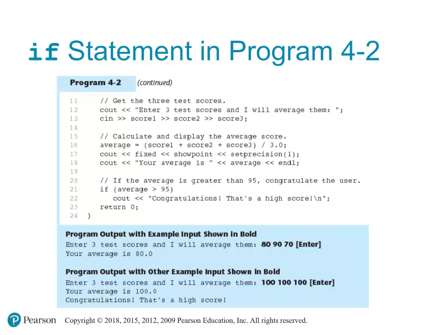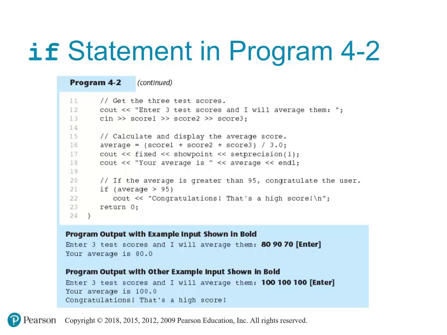The program prompts the user to enter 3 test scores, which are stored in score1, score2, and score3. The average is calculated as (score1 + score2 + score3) divided by 3.0. Note the 3.0 is to ensure floating point division.